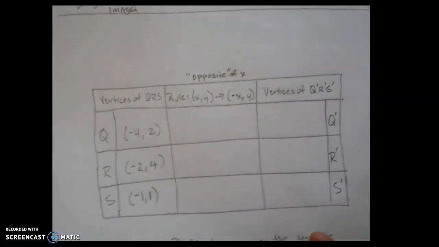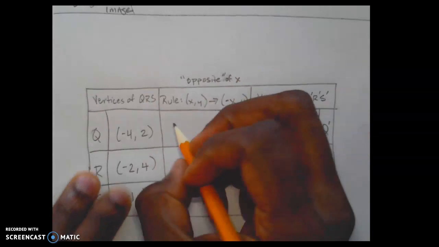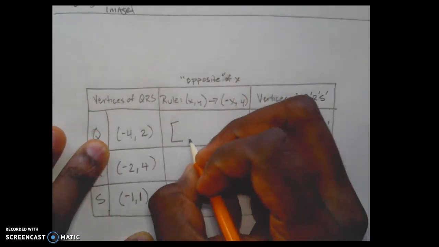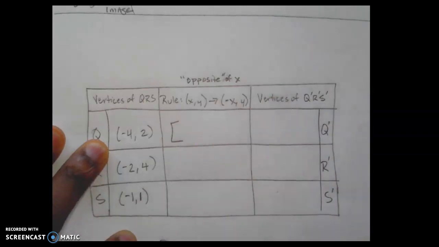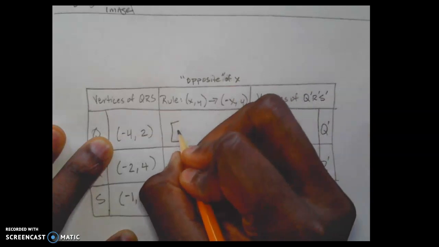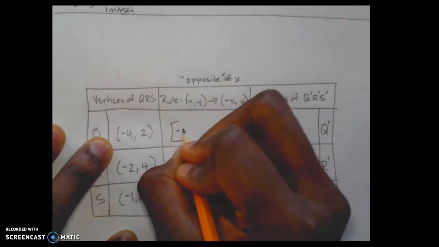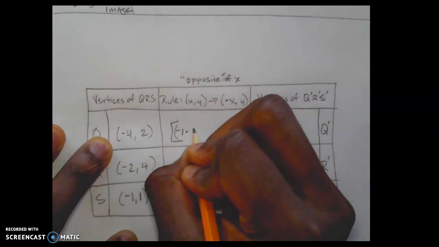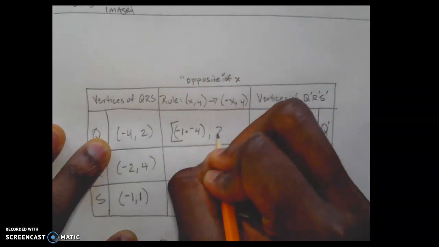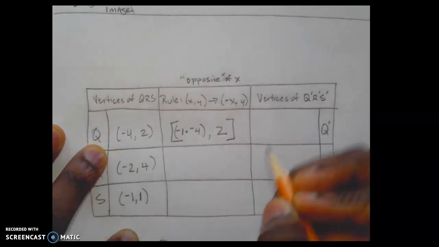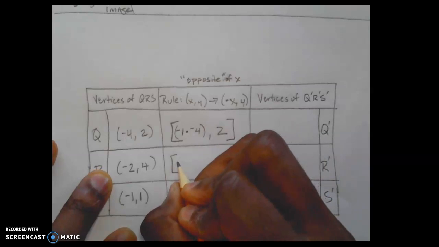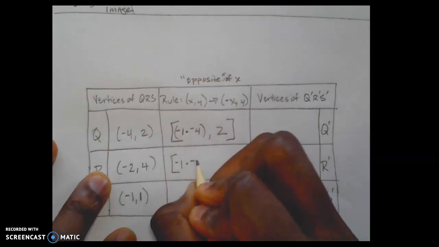All right, so now I'm going to do the same sort of grouping structure for you this time. Remember, we're reflecting across y, we're going to do the opposite of x. So by multiplying -1 times a -4, and then leaving my y coordinate the same, I'm going to multiply -1 times a -2.